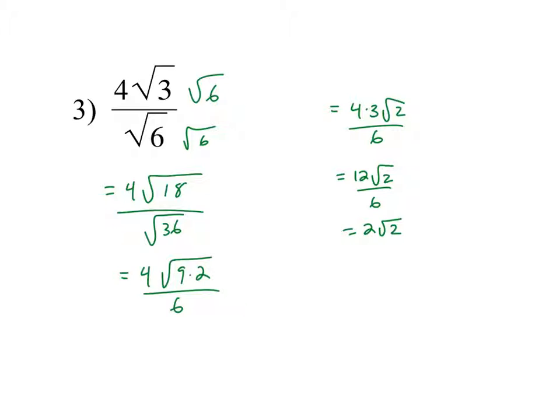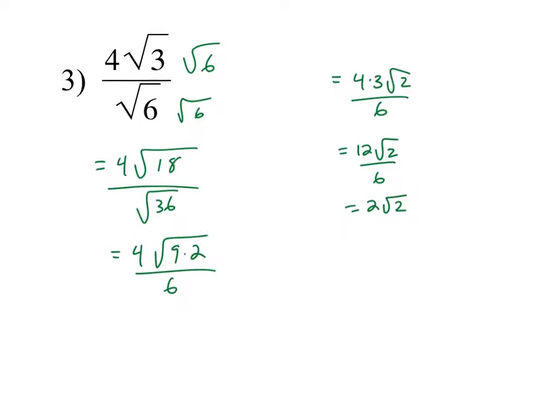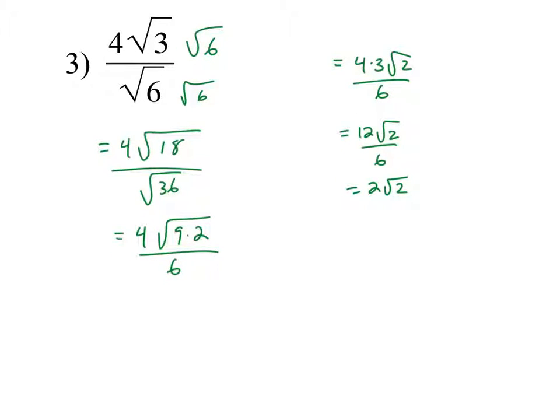Another way that I can solve it is from right there at the beginning. So 4 is square root of 3, square root of 6. I can simplify this square root. This is 1, this is 2, so this is the same as 4 divided by the square root of 2, right?